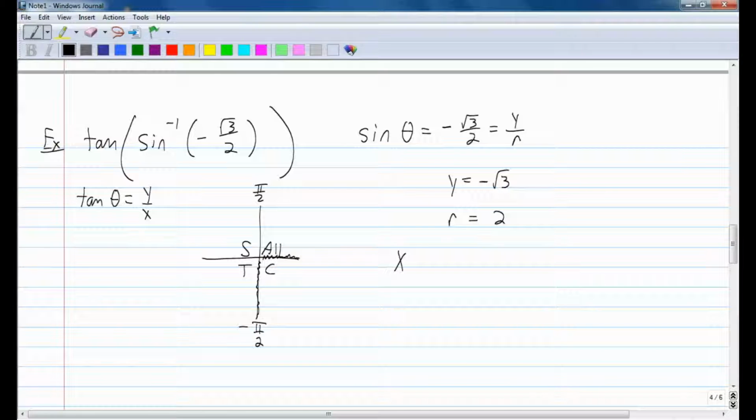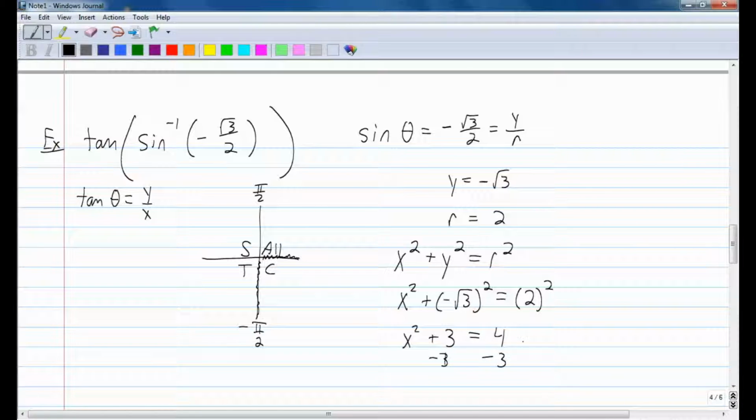I use the formula x squared plus y squared equals r squared. I don't know x, but I do know y, and I do know r. So x squared plus negative square root of 3 squared equals 2 squared. So x squared is going to be plus 3 equals 4.